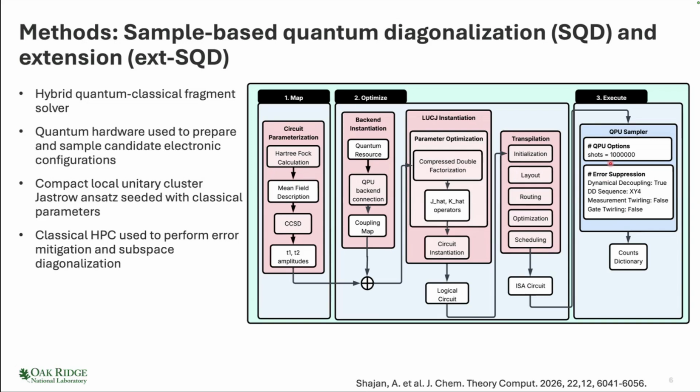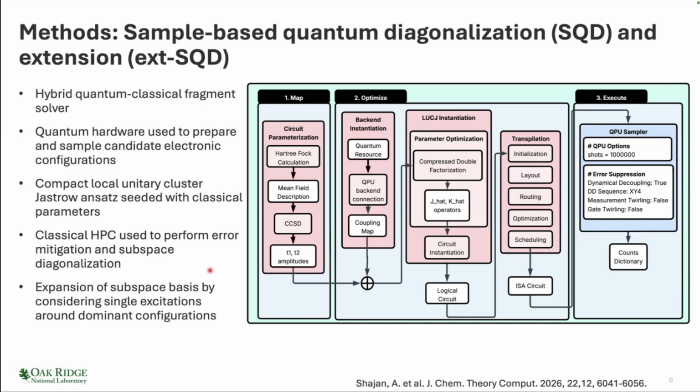And then from there, you need to do a lot of cleanup because we're obviously in the noisy intermediate scale quantum era. So you'll perform an error mitigation routine called configuration recovery, and then diagonalize in the subspace of the cleaned up configurations that you generate.